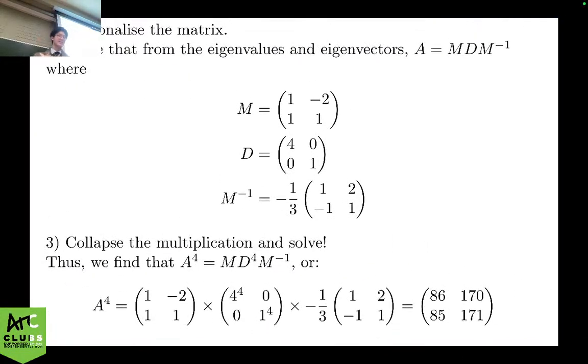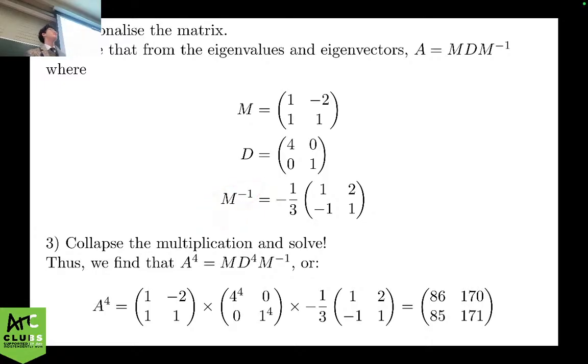So if we diagonalize the matrix, right? Probably should have mentioned this earlier, but M is just our eigenvectors placed next to each other, and then D, the diagonal matrix, is just our eigenvalues on the diagonal.